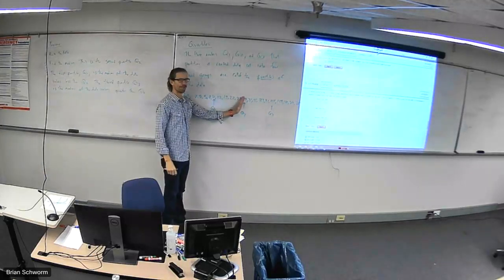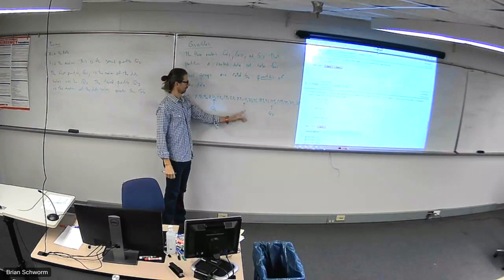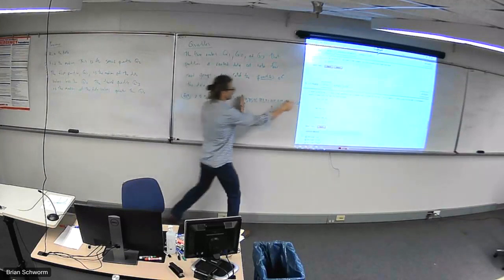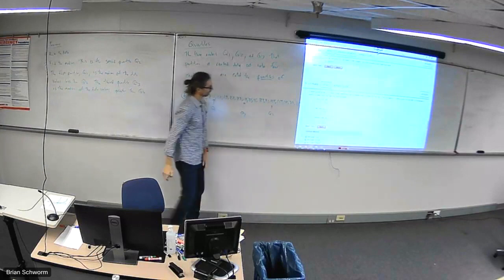So you find the overall median. It's the Q2. And you find the median of the lower half. It's Q1. Find the median of the upper half. That's Q3.